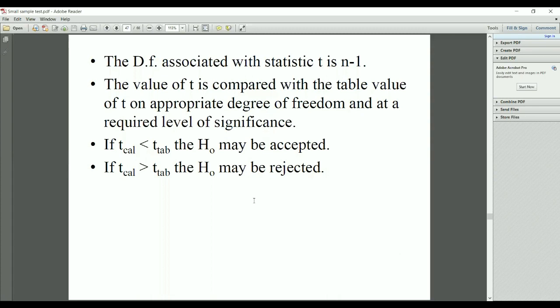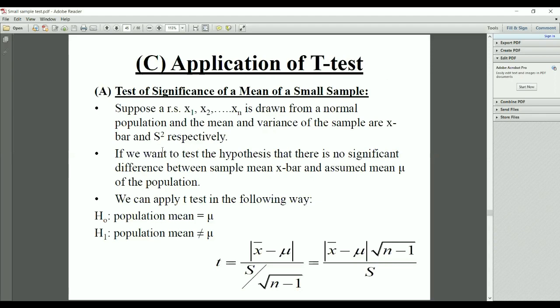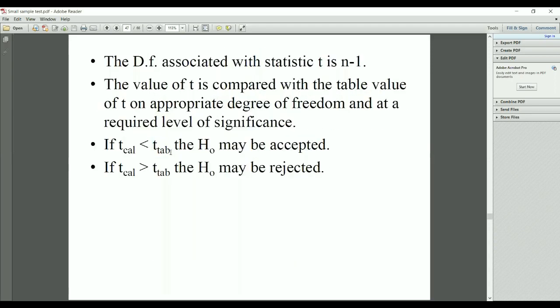So 95% of the data is accepted and 5% is in the rejection region. The t calculated value from this formula is compared with the table value. If the table value is greater than the calculated value, we accept the null hypothesis. If the t calculated value is greater than the table value, we accept the alternative hypothesis, that is, we reject the null hypothesis.